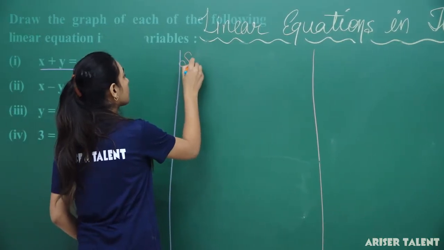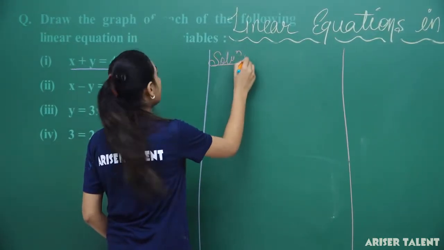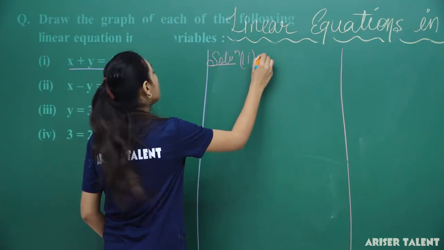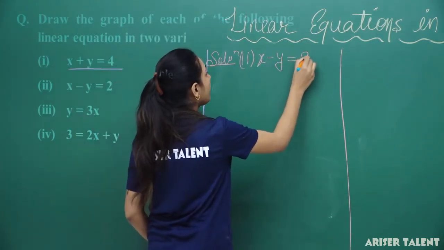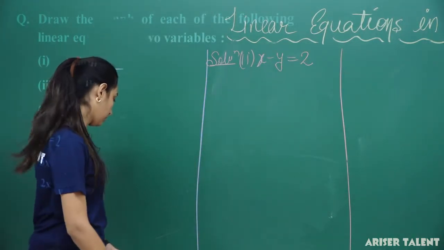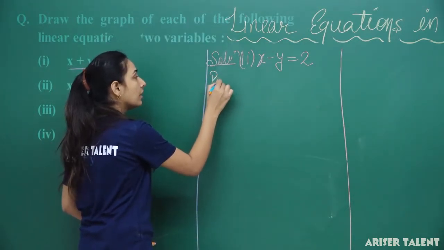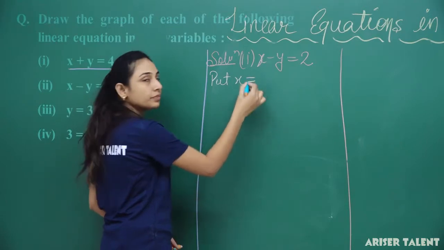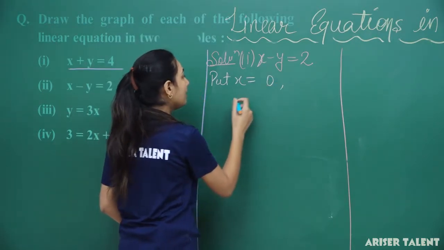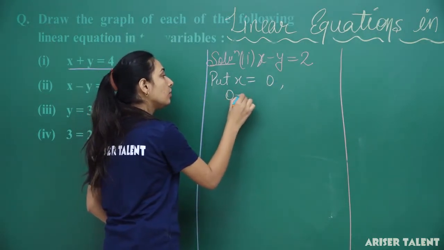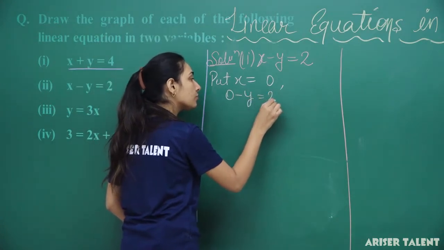Now, for the second, we have given equation x minus y equals to 2. Okay. Now, if I put value x equals to 0, I will be getting 0 minus y equals to 2.